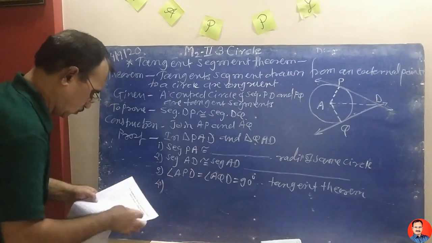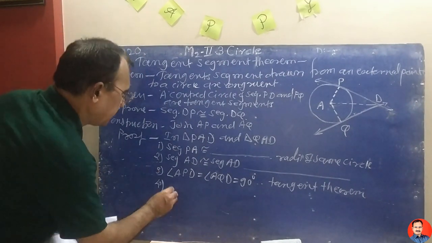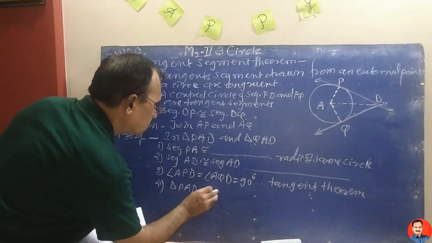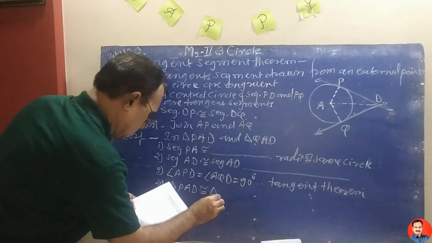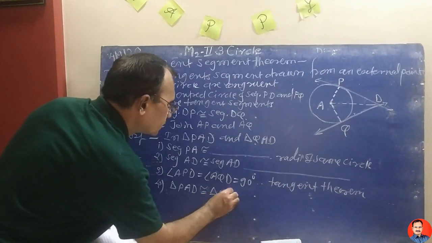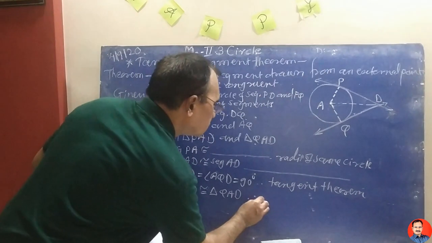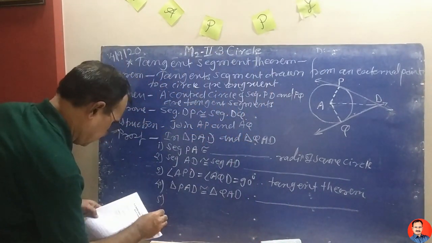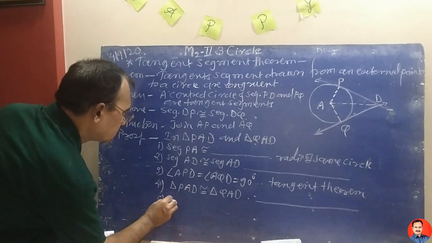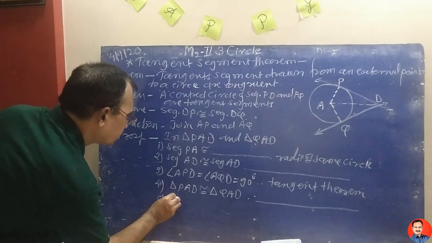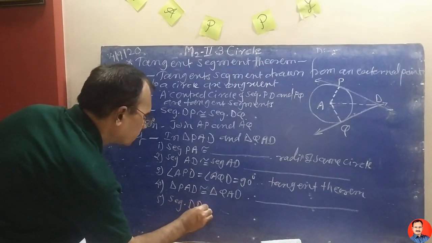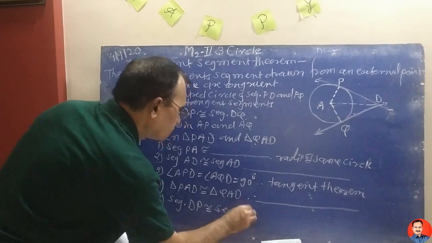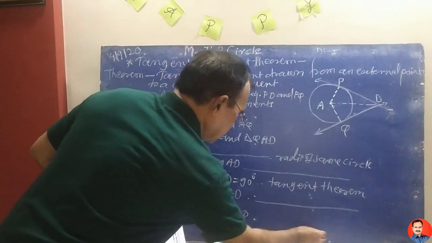And then the fourth one, triangle PAD is congruent to triangle QAD. Reason. And the fifth one, segment DP is congruent to segment DQ. We have to write the reason here.